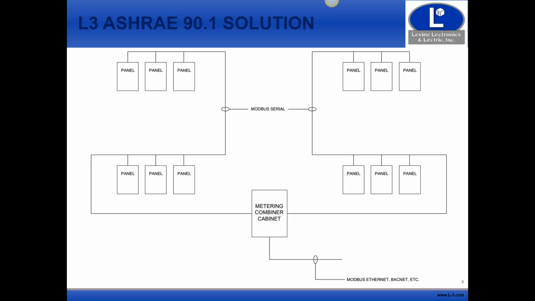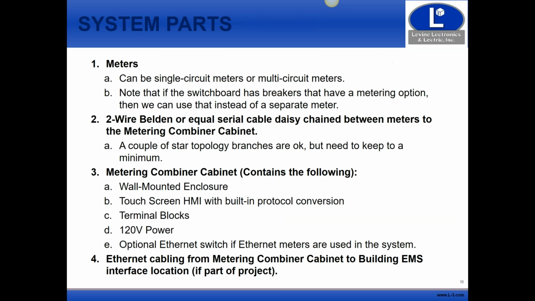Okay. So we talked about how everything's going to be wired together. So now let's talk about the system parts real quick. Meters, which we talked about, can be single-circuit meters or multi-circuit meters.